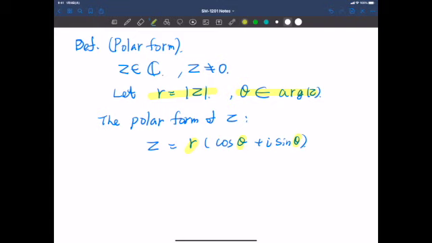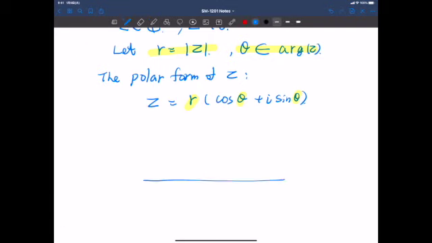Okay, it is easier to understand in terms of the complex plane. So suppose this is z, then the modulus is r. So this length is r, and this angle is the argument of z.